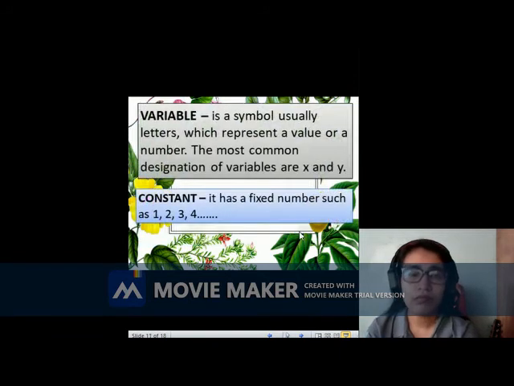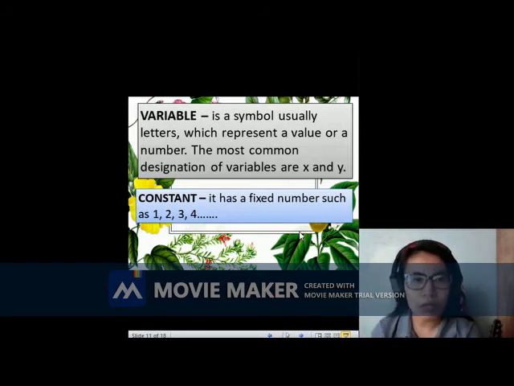Next. Here is the difference between a variable and a constant. A variable is a symbol, usually letters. From A to Z, whatever letter it is, it is a variable, which represents a value or a number. It can represent a value or a number because by next week, it will have a number.